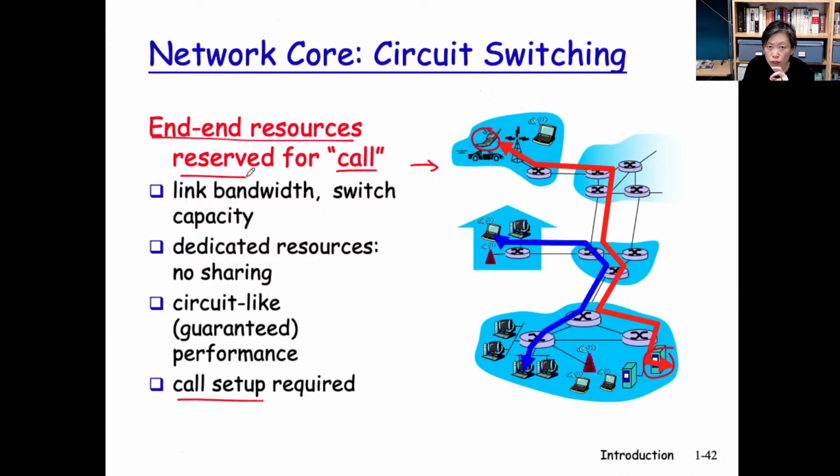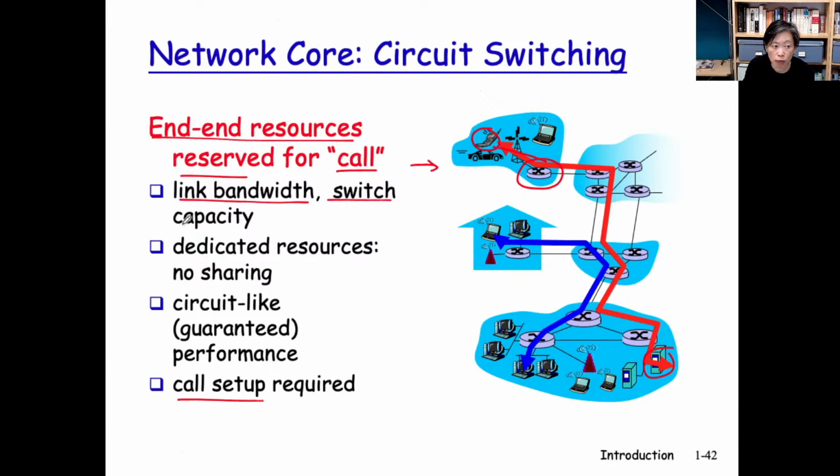resource reservation is required going from one end to another, which means this is the first link on the circuit. We need to reserve a certain amount of bandwidth to guarantee that data gets transmitted without any loss or delay. So you reserve link bandwidth for the call. Data is going to go through a switch. This is the first switch. On the switch, memory, CPU, buffer space will also need to be allocated and reserved.